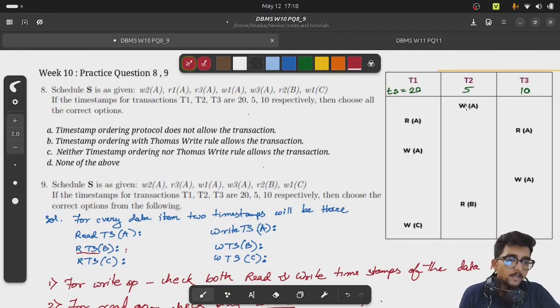So I have to check both the read and write timestamp of a data item, but it is empty, so we will allow the operation anyway. And we will update the last write timestamp of A to be 5, right? So this instruction is allowed, no problem, and I will update the write timestamp to be 5.